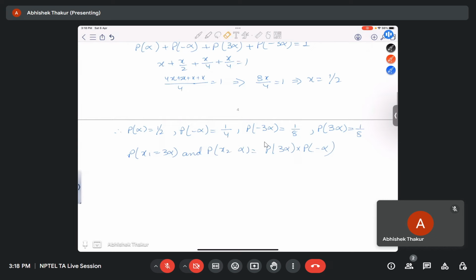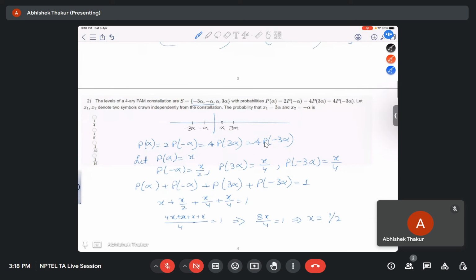Probability of 3 alpha is 1 by 8, and probability of minus alpha is 1 by 4. So the answer is 1 by 32. The correct option is option C, that is 1 by 32.